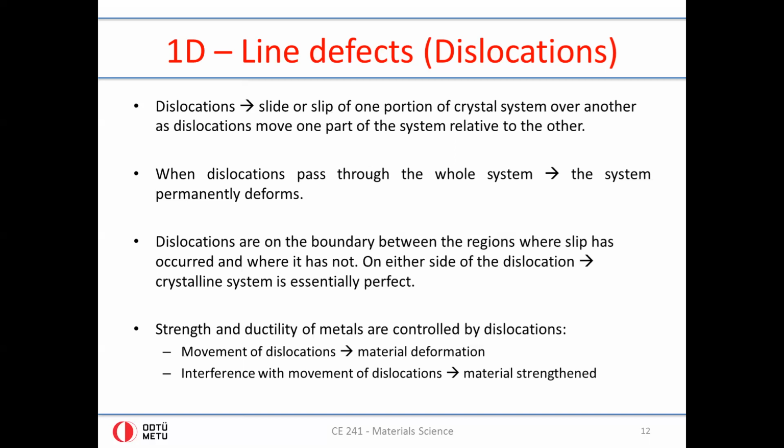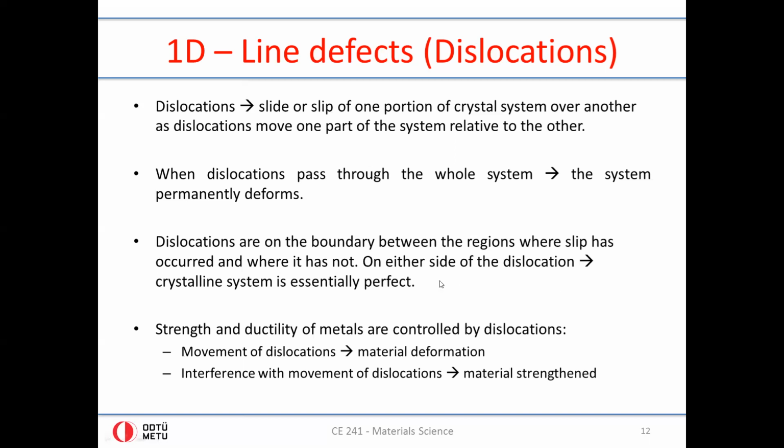But otherwise, of course, because you can't see this, it's difficult to follow, despite its very great importance in defining the whole idea of deformation in crystalline structures. So dislocations are at the boundary between regions where some slip or some deformation has happened and where it has not.